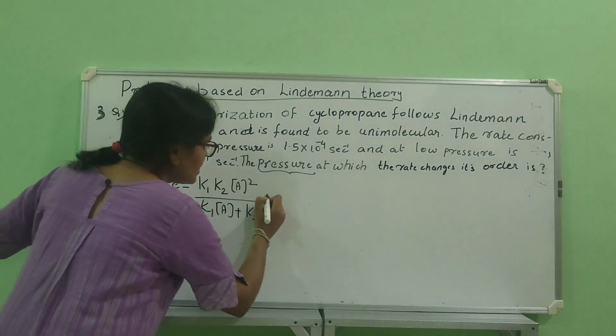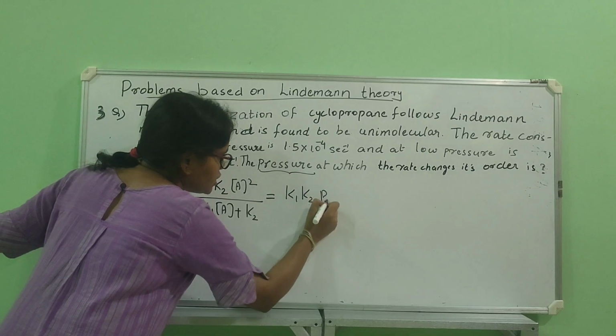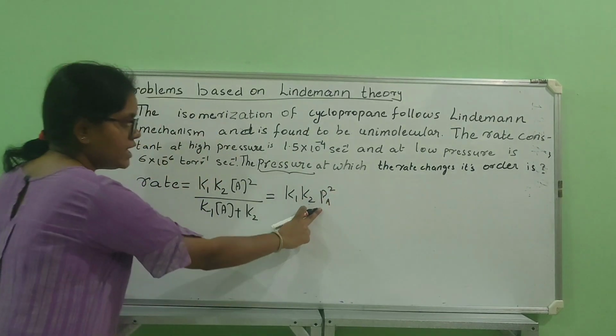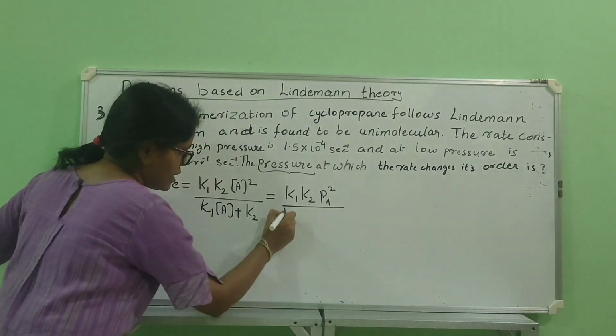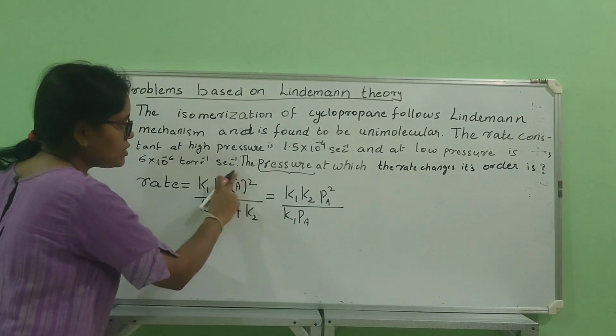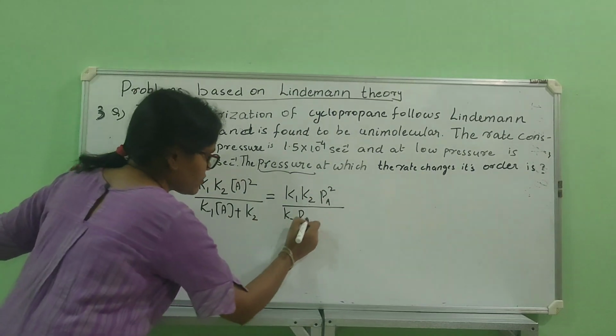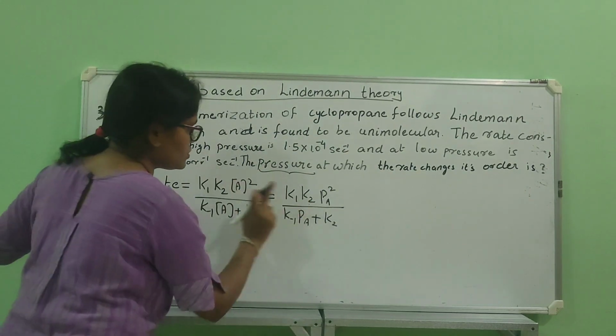So I can write this equation in terms of pressure as K1, K2 into PA square, where PA represents the pressure of the gas A, by K minus 1 PA plus K2. So you can write this rate also in this form.